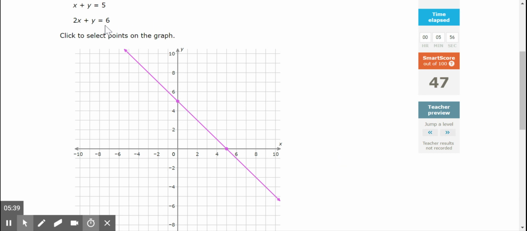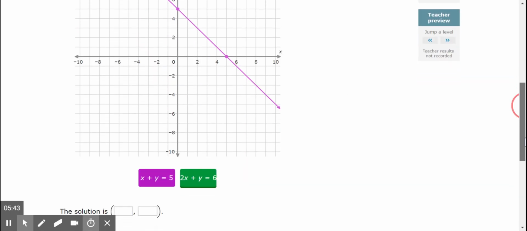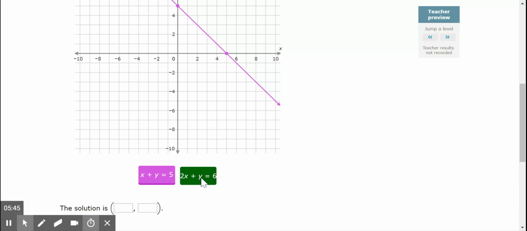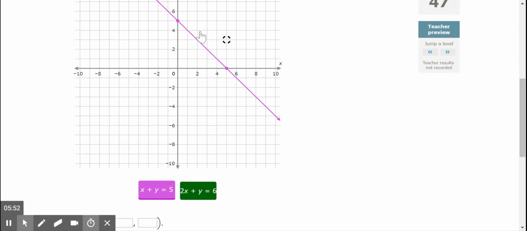You can do the same thing here, but here I like graphing by the intercepts, so I'm going to hit the green one. And if I zero out the x, my y-intercept has to be 6. And if I zero out the y, then 2x equals 6, or x equals 3.